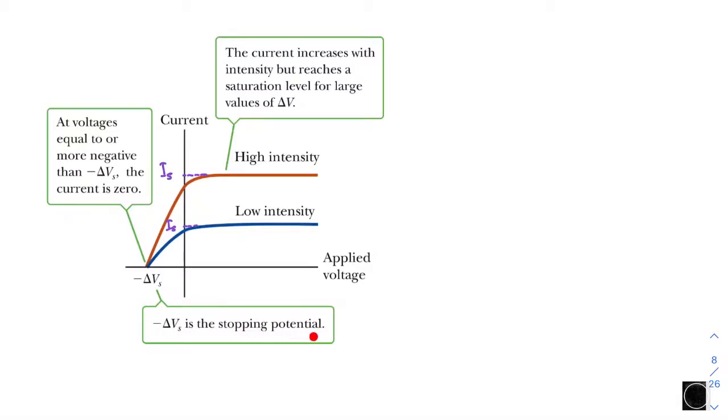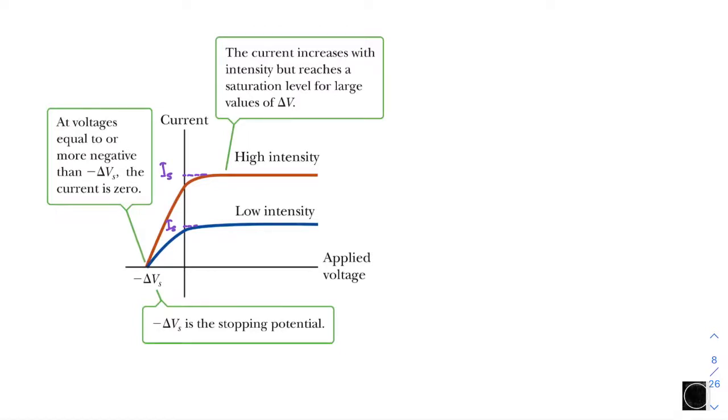Why is it named the stopping potential? Because this is the voltage needed to stop the most energetic photoelectron, to collect the photoelectron or electron being ejected from the metal surface. At a voltage equal to or more negative than the negative delta Vs, the current will be zero. What does that mean, current being zero?